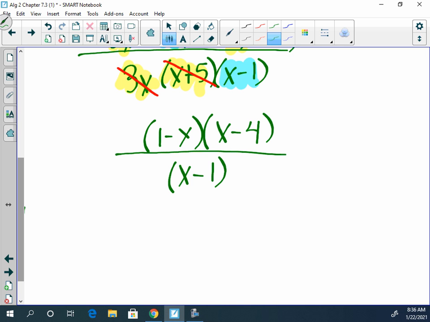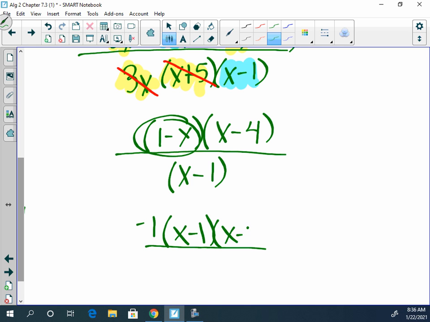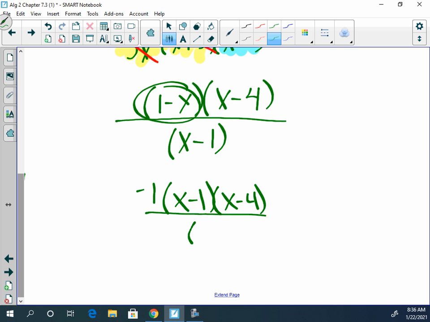Because if I pull negative 1 out of this here, well, the x becomes what? Because I took the negative away, didn't I? So the x becomes, well, the 1 is positive. If I pull a negative out of it, it becomes, yes? Wait a minute. Did we just switch the signs? Are they the same now?